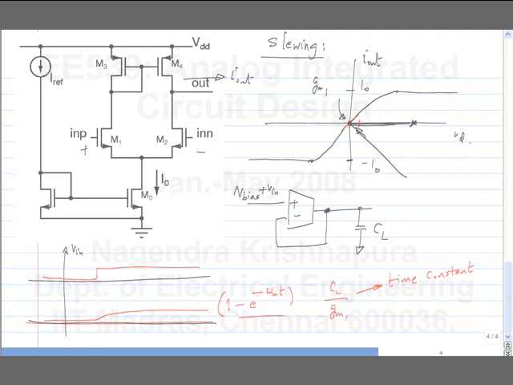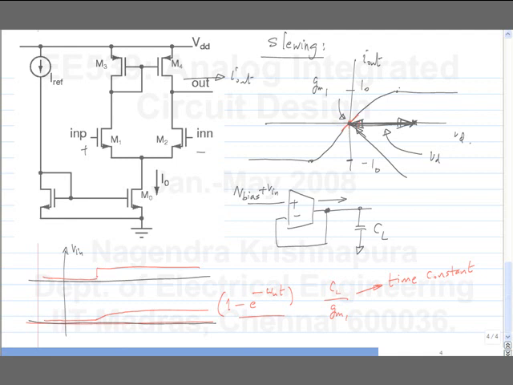So, the differential pair is operating with an input voltage which is equal to this much, and the transconductance behaves like a constant current source of value I naught, which will charge up the capacitor. This is called slewing. This is the maximum rate of change, although this voltage may be within the swing limit of the op-amp.